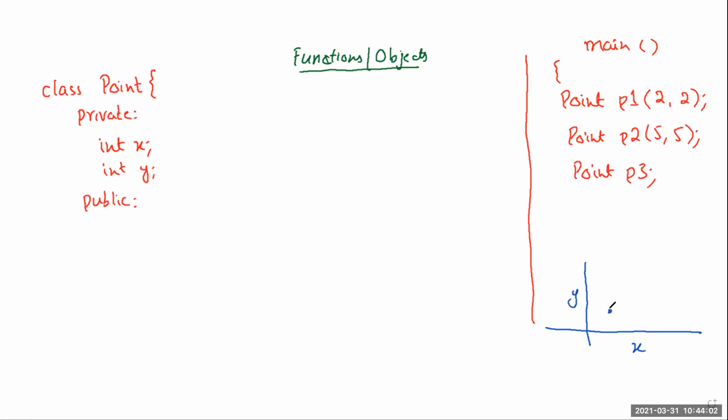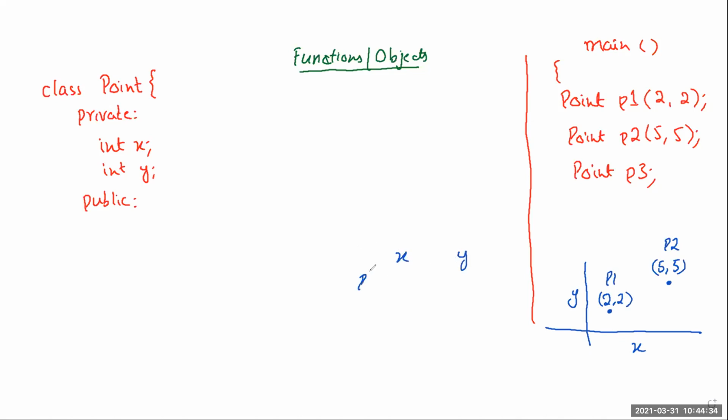This is our point 2, 2, and this is our point 5, 5. So this is P1 and this one is P2. Now our objective is that we want to add these two points. So first we should know how two points are added. Every point has two components, x and y.